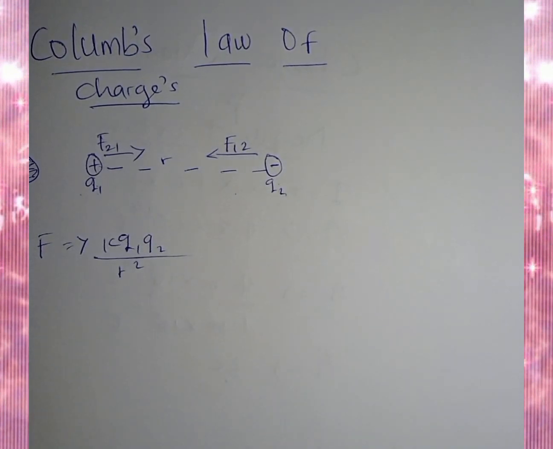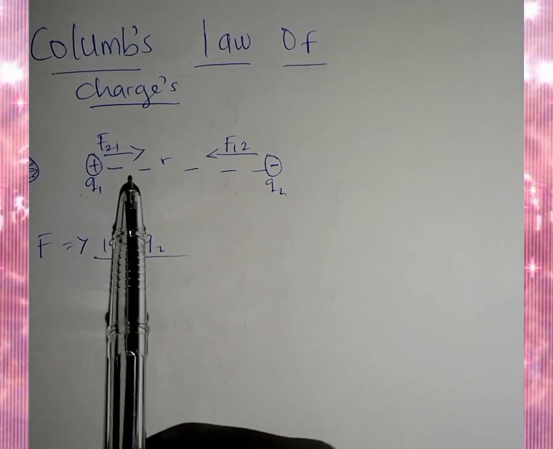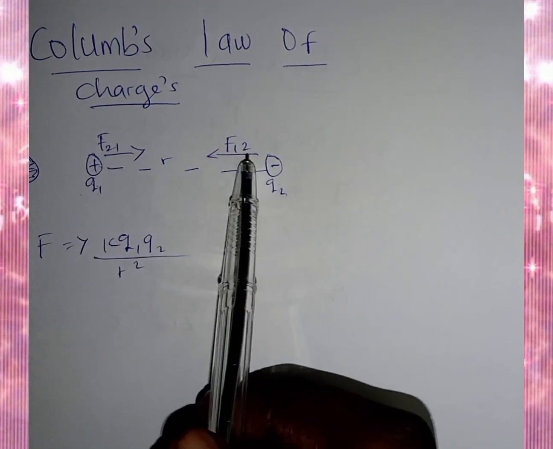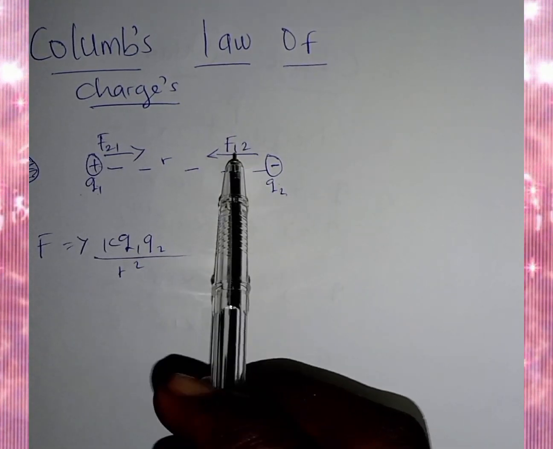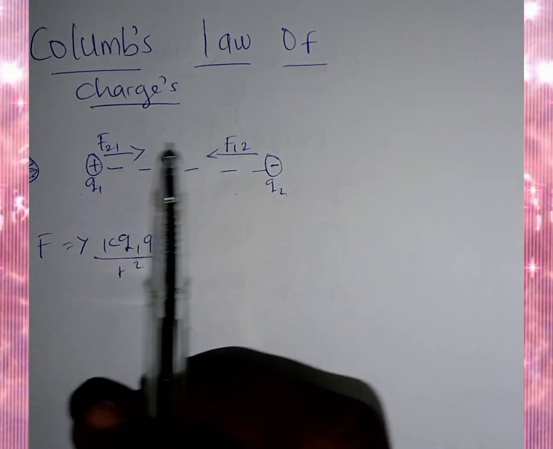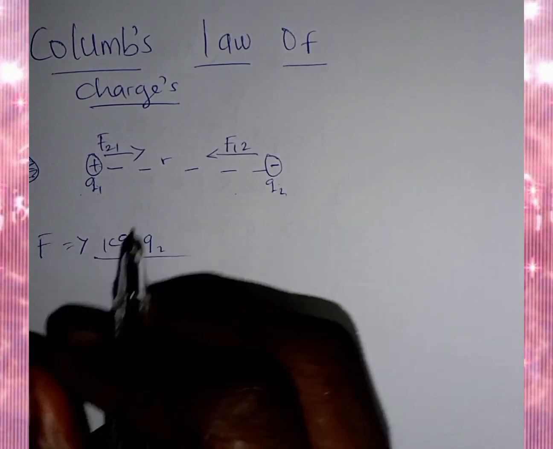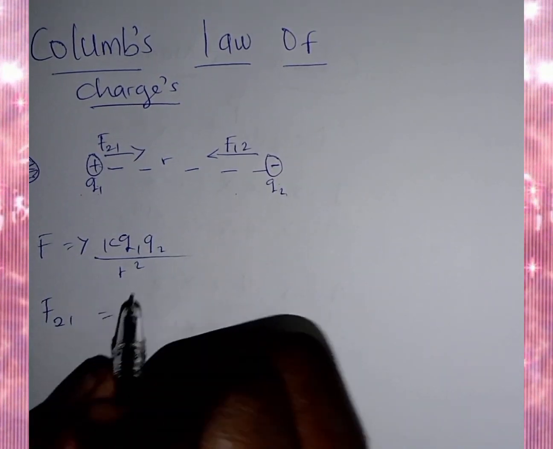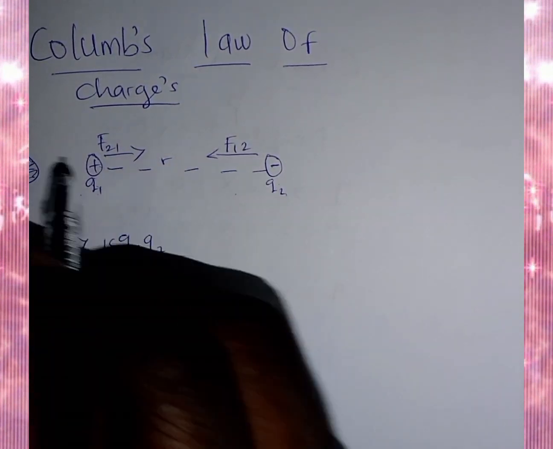So that's just that. Now what can we study from this? What we can study is that the attraction these two charges have on each other is equal, but in different directions. So we can say that, since this is going in the positive direction, F21 equals negative F12, as this is going in the negative direction.